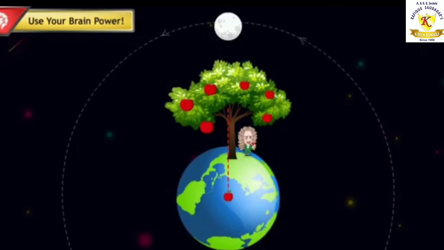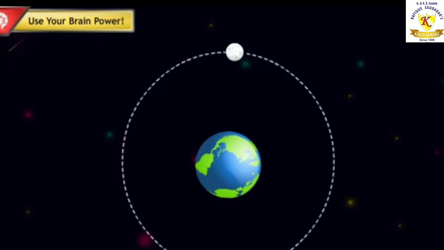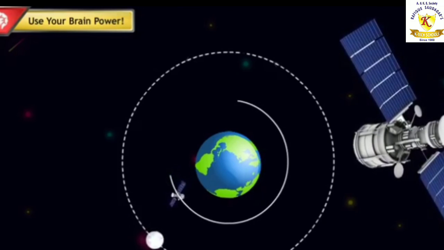The gravitational force due to the earth also acts on the moon, because of which it revolves around the earth. A similar situation exists for the artificial satellite orbiting the earth. The moon and the artificial satellite orbit the earth.